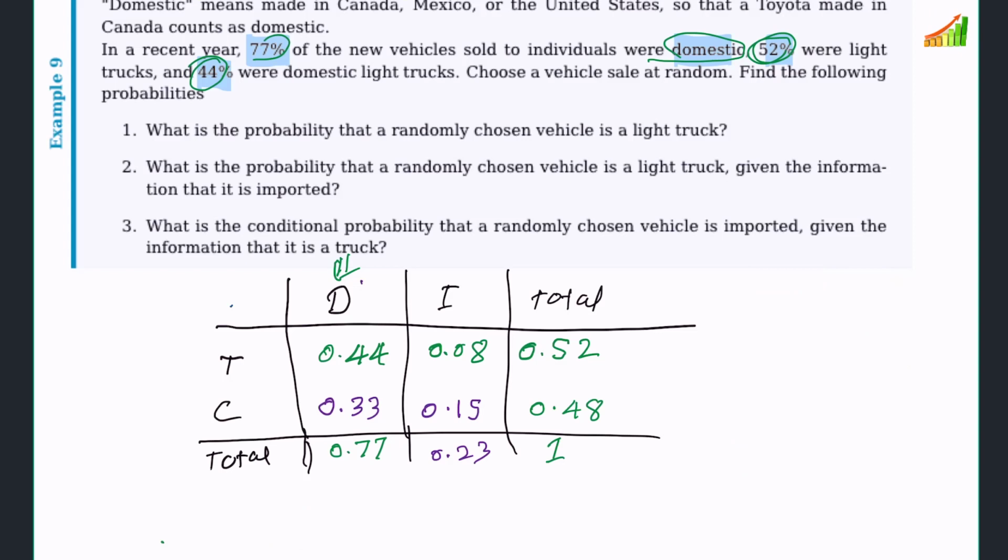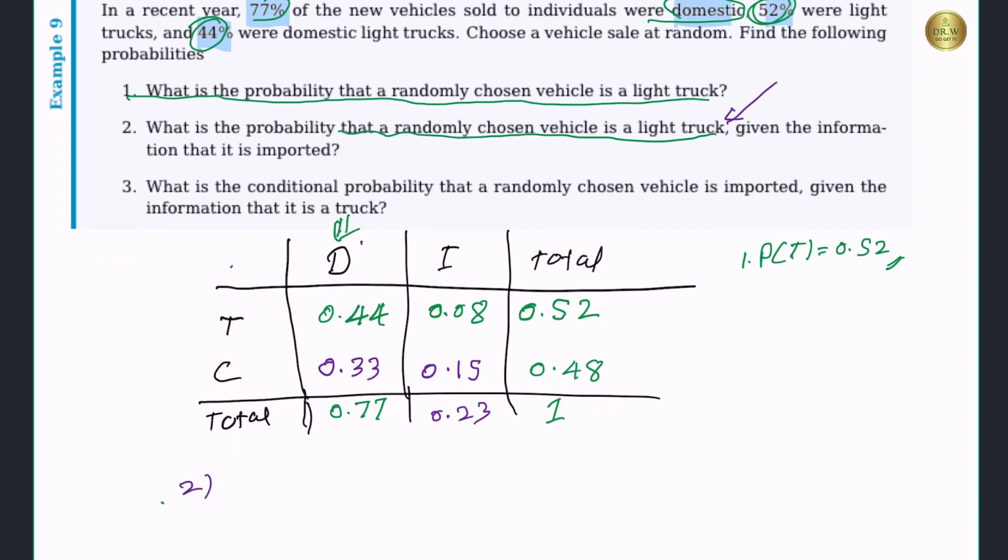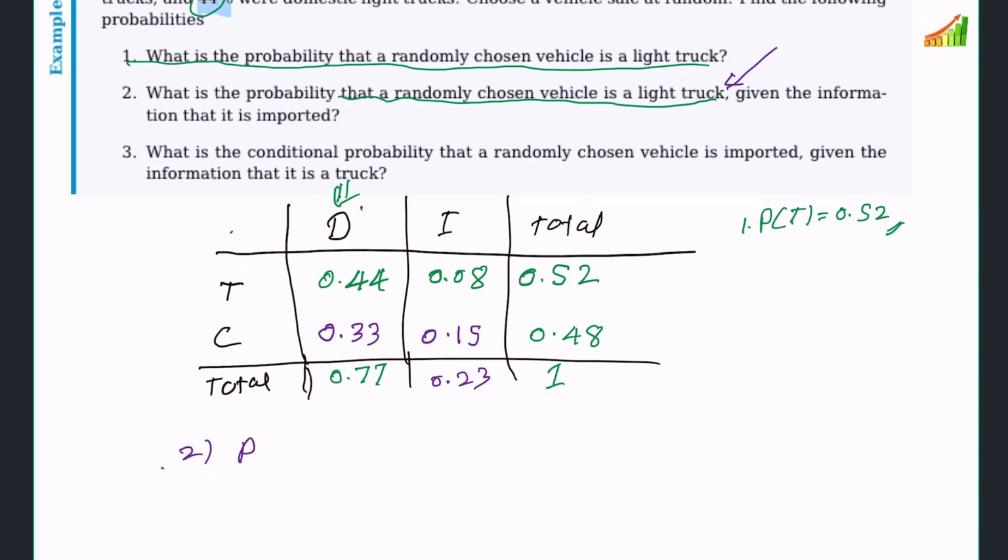Then go to the first one. What is the probability that a randomly chosen vehicle is a light truck? We already know it. Probability of light truck is 0.52. Next, what is the probability that a randomly chosen vehicle is a light truck, given that it is imported? Right. Now, if I stop reading at this point, the question is the probability that a randomly chosen vehicle is a light truck, it is a truck.